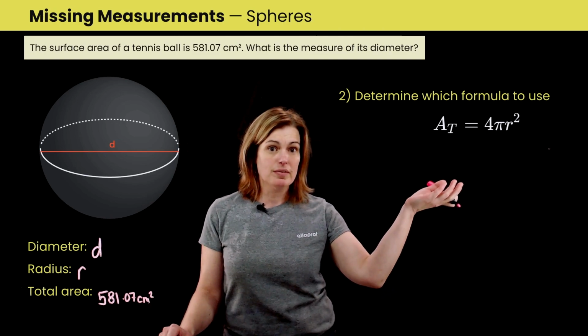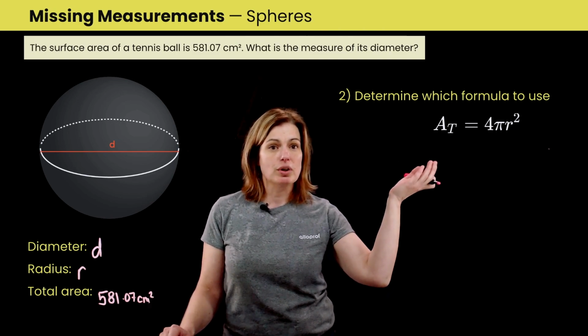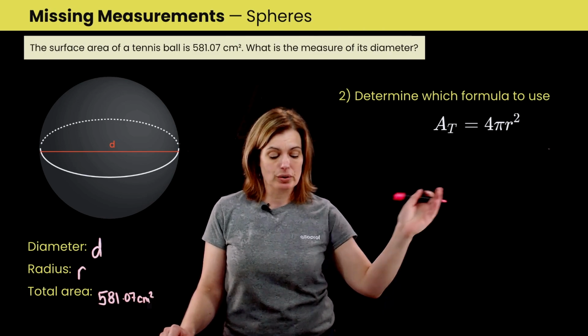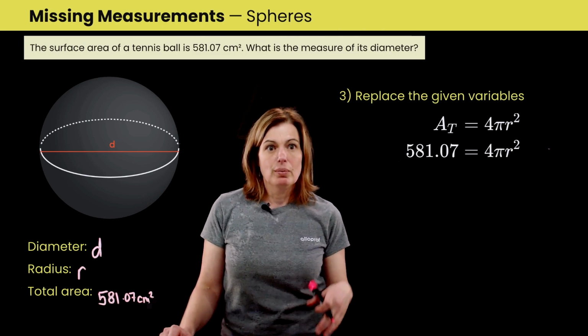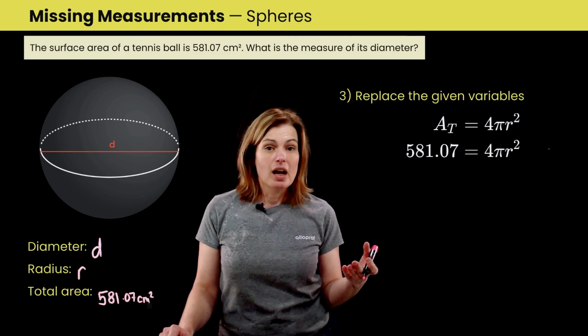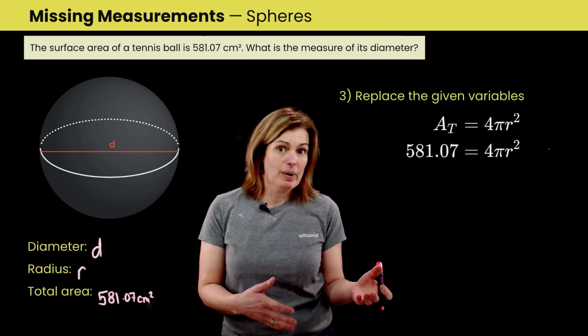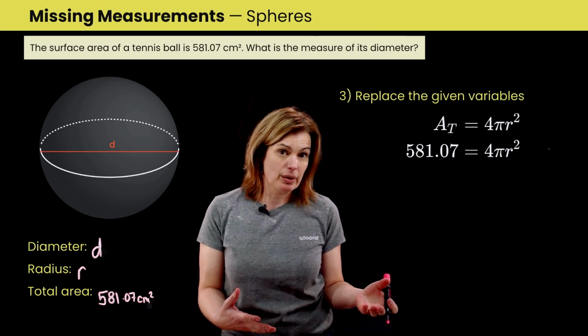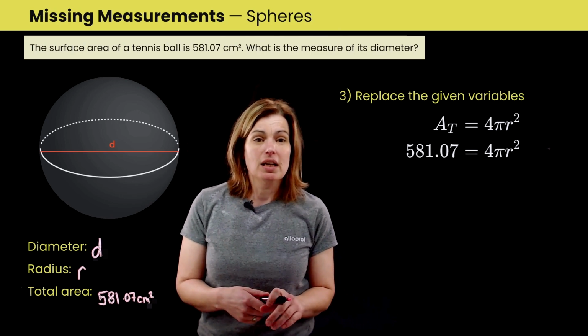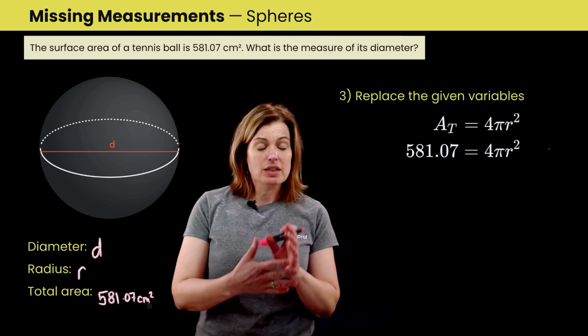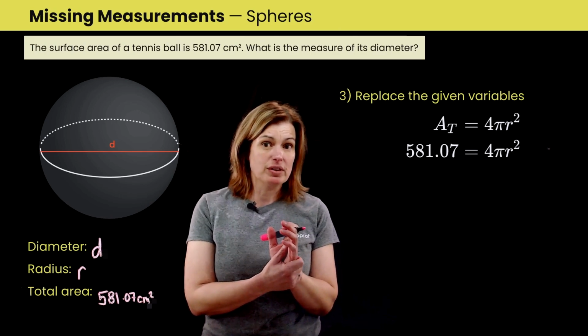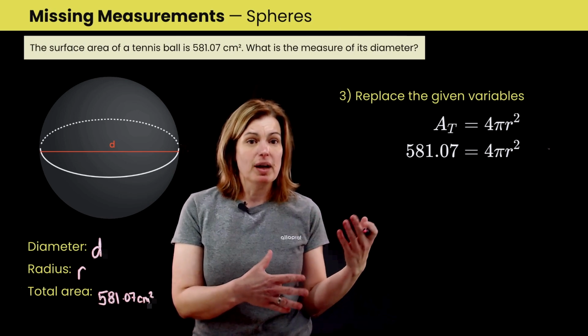So the total area of the sphere is equal to 4 times pi times the radius squared. When I replace the given variables, I really only have the total area to replace because radius is the only thing we're looking for here. So the total area is 581.07, which is equal to 4 times pi times the radius squared.